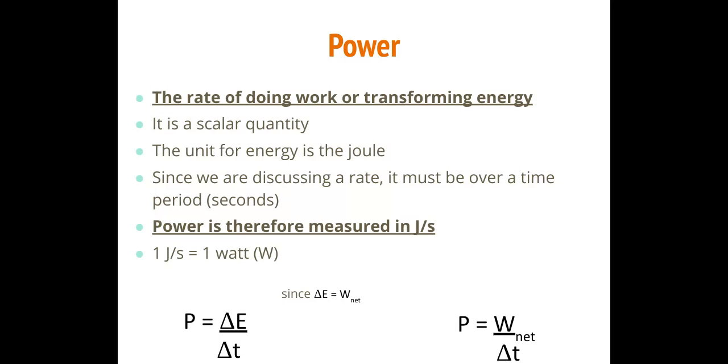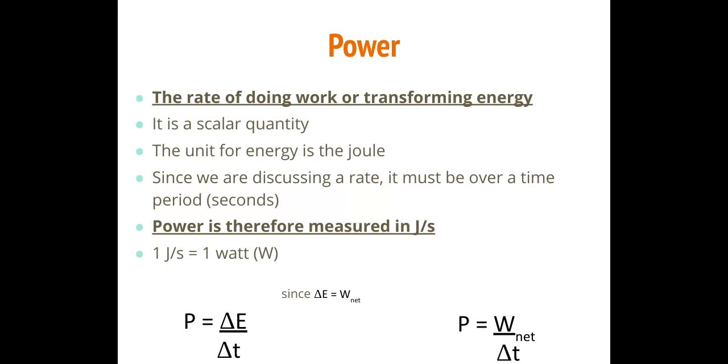So because of that, it's going to be over time, and what we usually put it over is seconds. So power is measured in joules per second, which is called a watt. So 1 joule per second is equal to 1 watt.